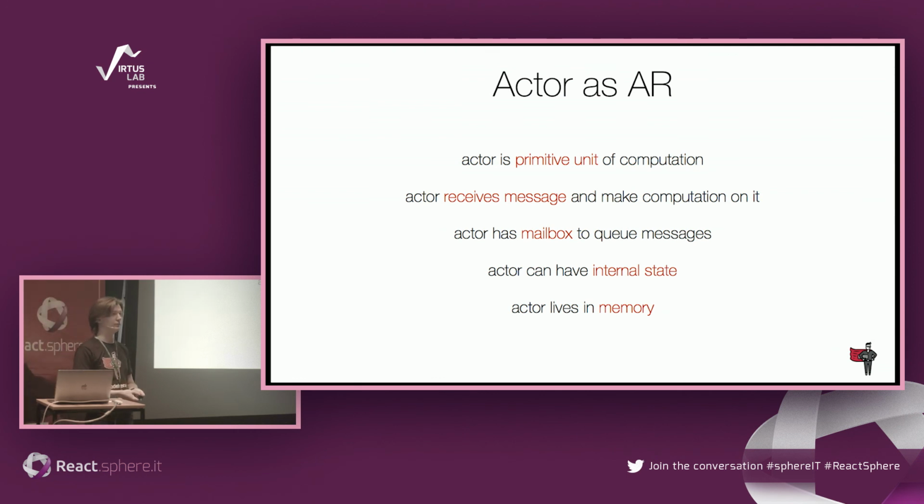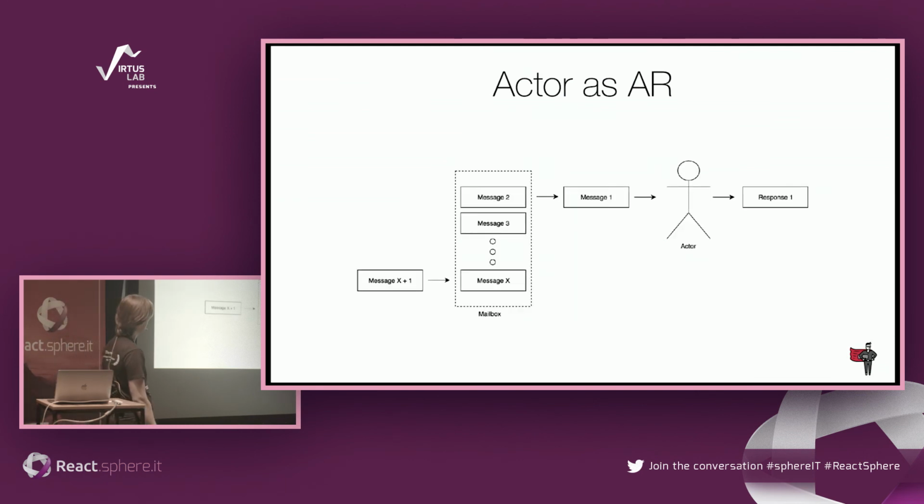And an actor can have its internal state, and an actor lives in the memory. So here we can say there is a mailbox, there are new messages, new commands coming to the actor, the actor is processing every message step by step, and there is some kind of response. In our case, this will be generating events.